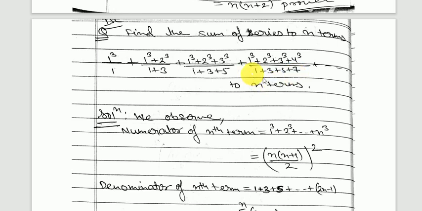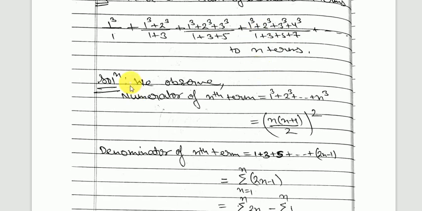Okay, so with the help of this information, we can write the numerator of the nth term and the denominator of the nth term. We observe the numerator of the nth term is 1 cube plus 2 cube plus so on plus n cube, and you know this is nothing but n into n plus 1 upon 2 whole square.